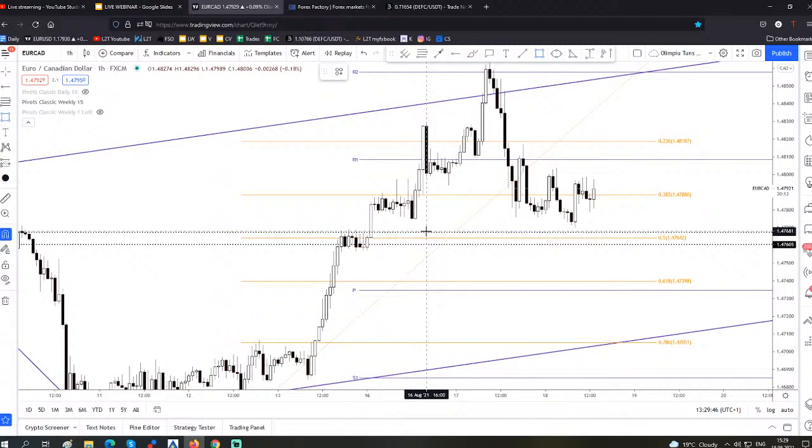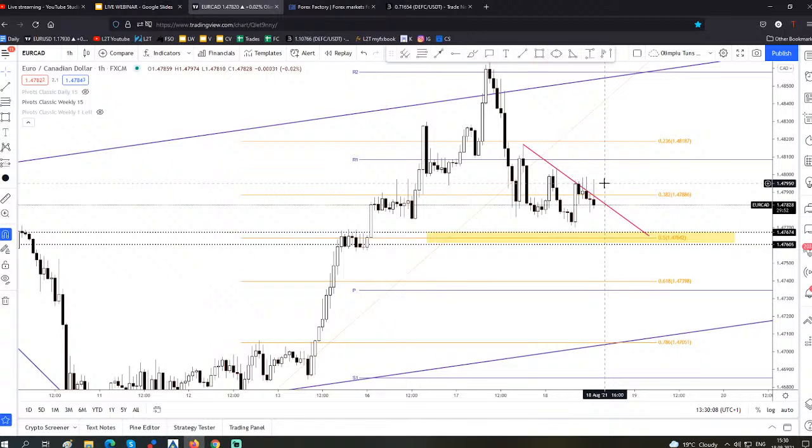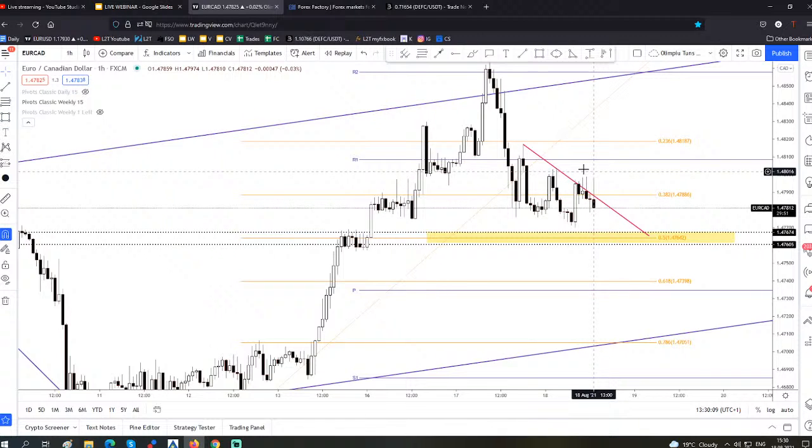Right now it is back above the 38.2, and yeah, we had a breakout here maybe in the short term, but the pressure is still high here, but we'll have to wait maybe for a valid breakout, because you can see here right now live that the euro versus the Canadian dollar dropped, and this breakout here could be invalidated.